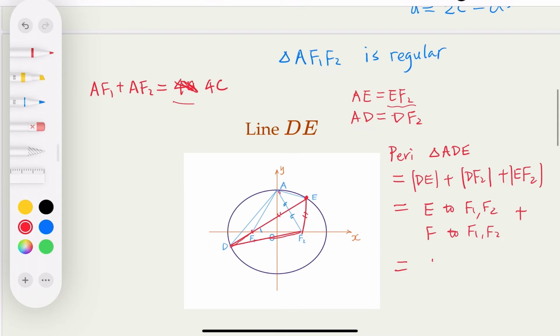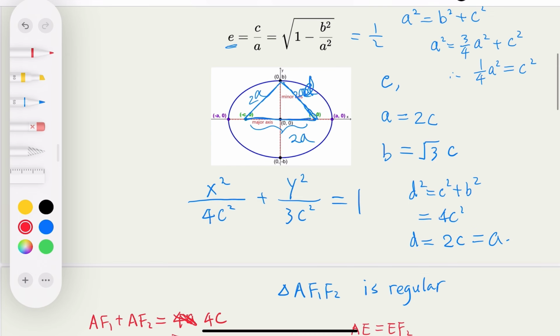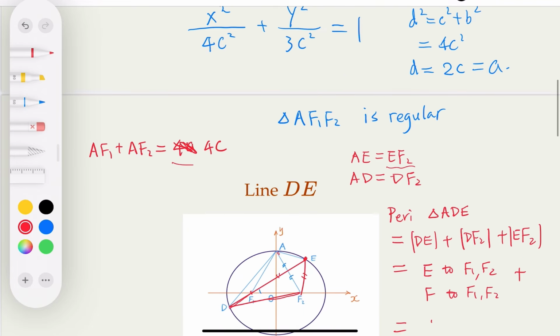So here I got it wrong. This should be 2c, 2c, and 2c, okay, because 2c equals a, right? So the whole thing is equal to a.